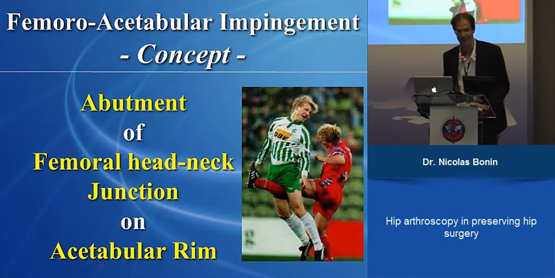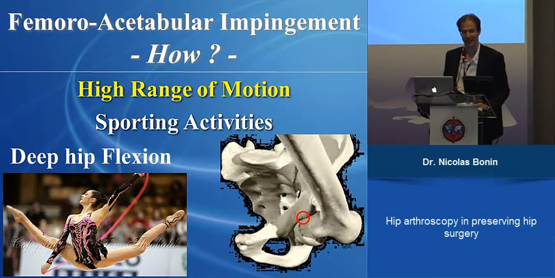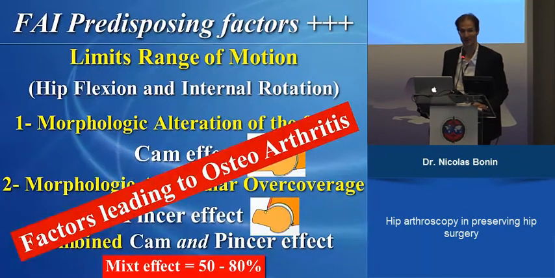What about the concept of femoroacetabular impingement? I think now everybody knows about it. It's the abutment of the femoral head-neck junction on the acetabular rim. And how does it happen? Generally, it's people that perform sporting activities with high range of motion. But there are generally predisposing factors.